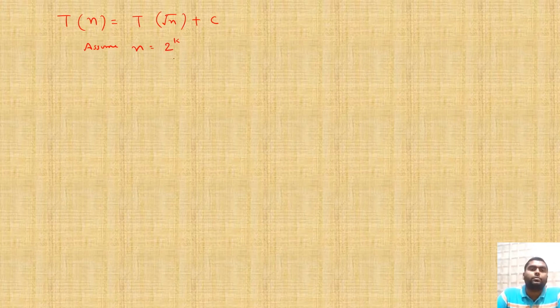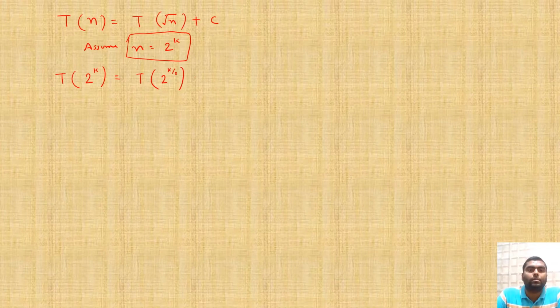Then the relation becomes T of 2 raised to the power k equals T of 2 raised to the power k by 2, plus C, since root n means n raised to the power 1 by 2.